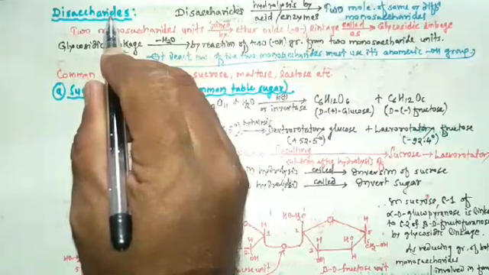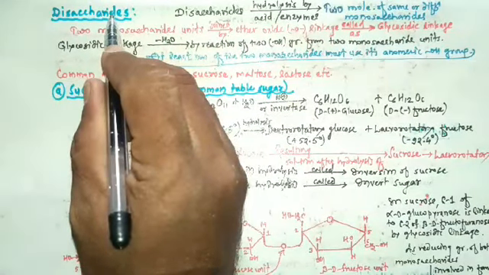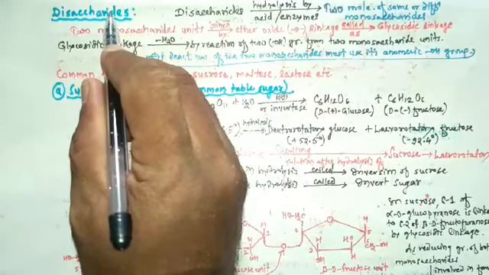So we know that carbohydrates are classified into three classes. First one was monosaccharides, second one was oligosaccharides, and third one was polysaccharides.